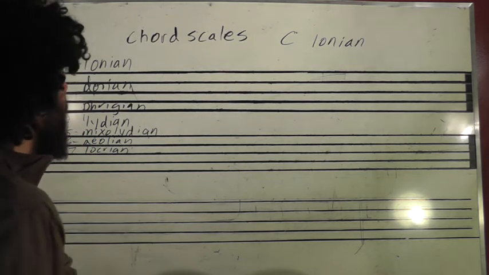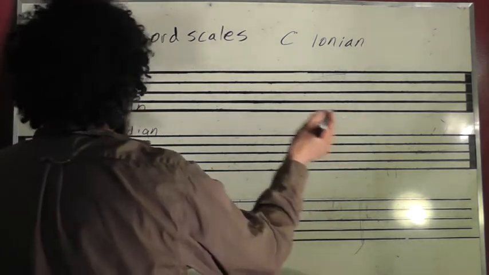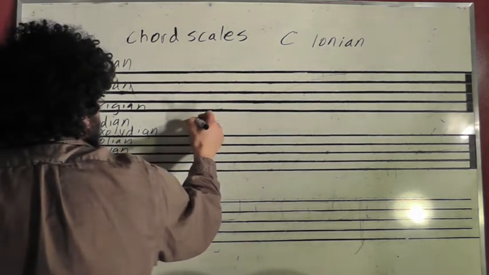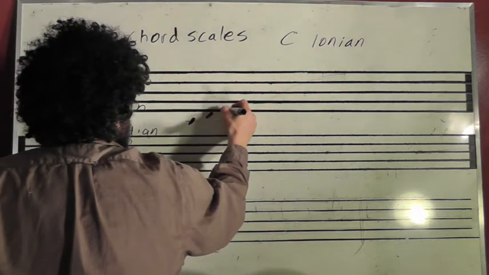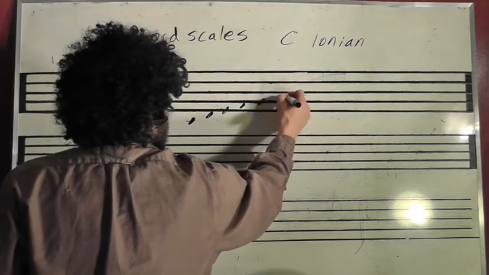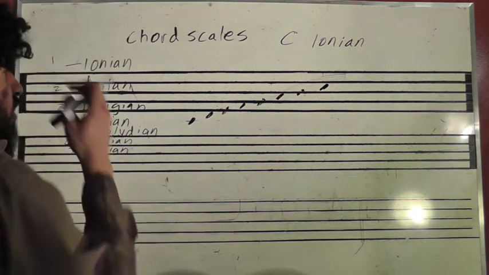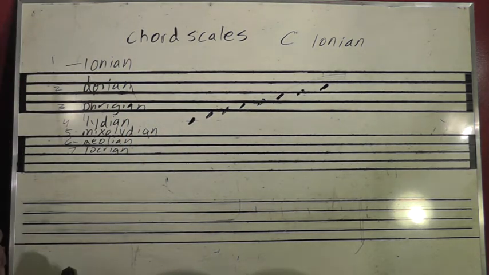There it is. Okay, so the first one, C Ionian. Ionian's the first mode, so that's just a straight up C major scale. There's your C major scale. C, D, E, F, G, A, B, C.